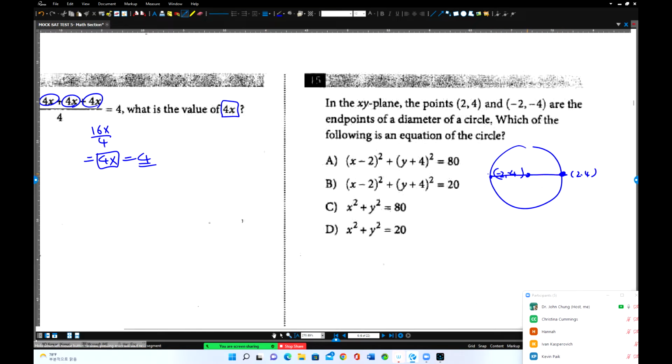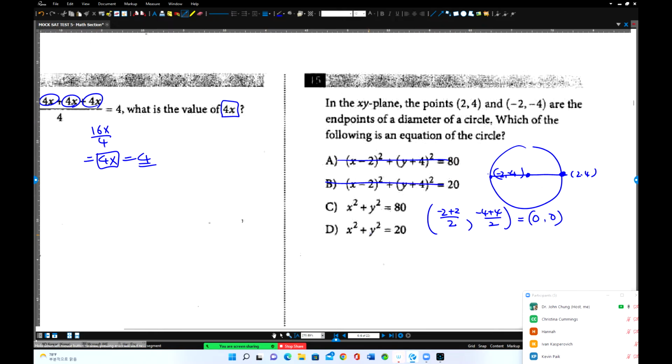In the middle. What is the midpoint formula, right? Negative 2 plus 2 divided by 2 is the x coordinate of the midpoint, and negative 4 plus 4 divided by 2. Okay, so the midpoint is 0 and 0. Yeah, the center is 0 and 0.